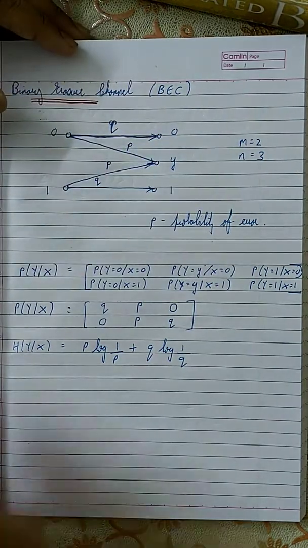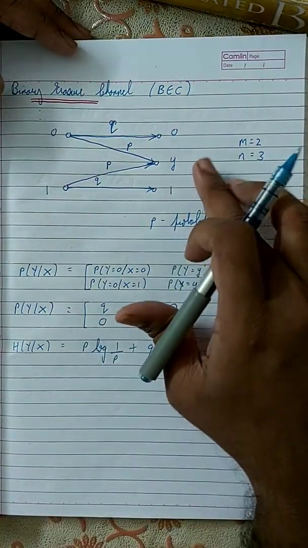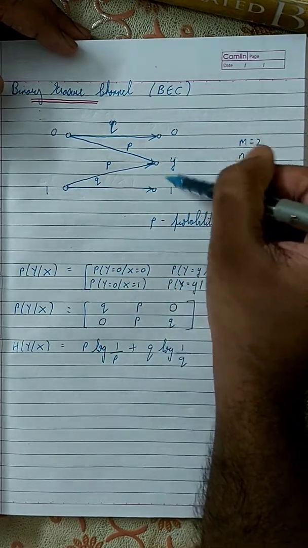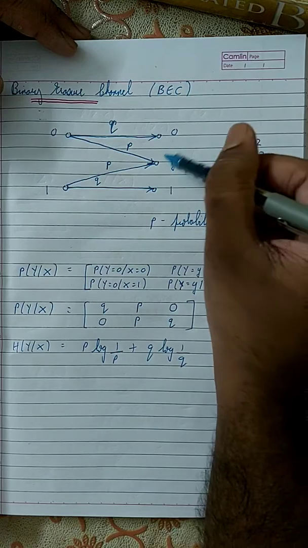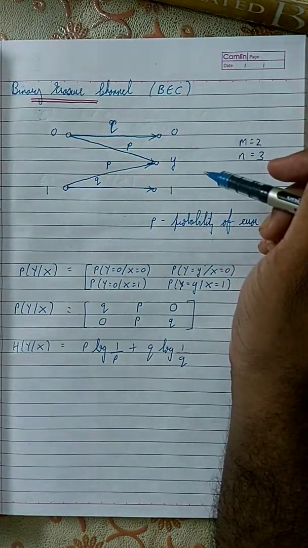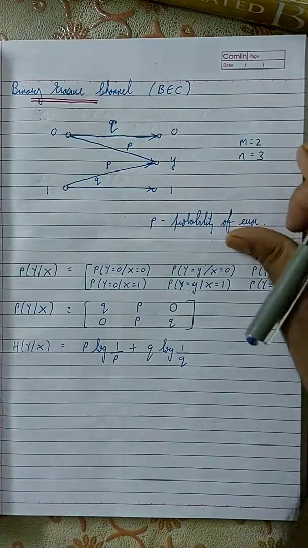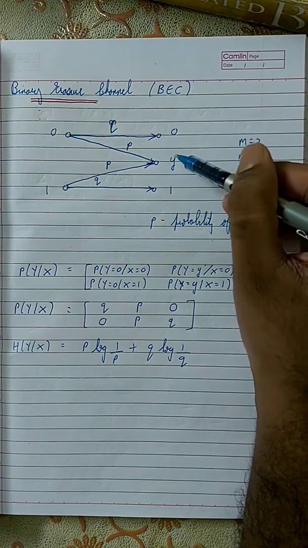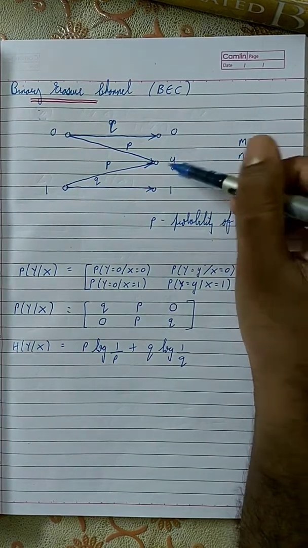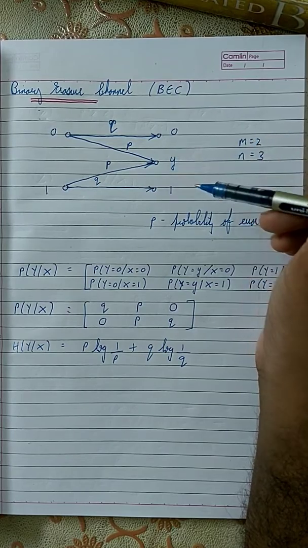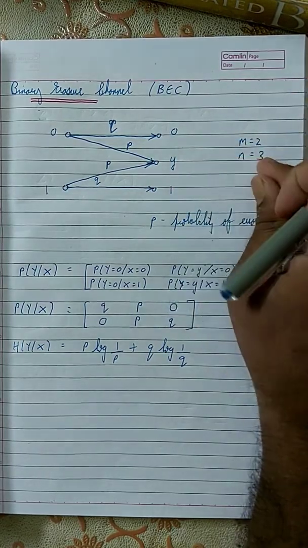Anytime the receiver receives the symbol y, that decision is rejected or erased. It does not take that decision into account anymore, because this decision is useless; from here the receiver understands that an error has taken place. So the receiver will reject this decision.